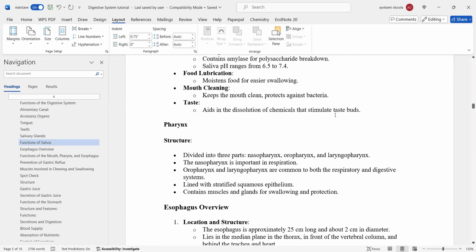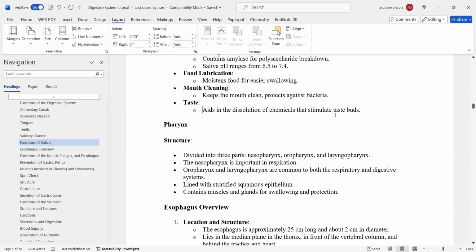The pharynx is also lined, like the mouth, with stratified squamous epithelium, and it contains muscles and glands for swallowing and protection.